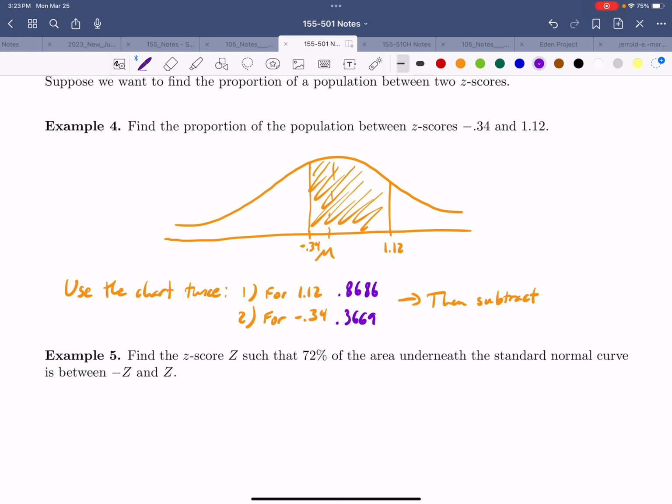And then we're going to subtract. So we do 0.8686 minus 0.3669. What's that going to give us?